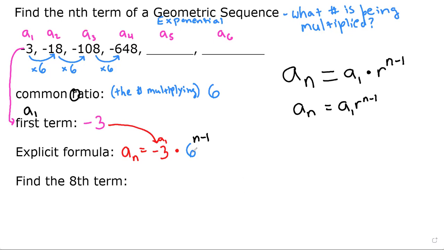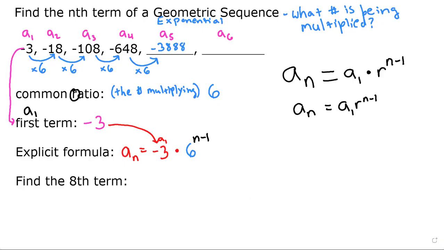So we could use the formula, or we know that we could just extend the sequence out. Usually you're going to have a question that's going to ask you to do that. They want you to extend the sequence by multiplying this number by 6. So if we did that, -648 times 6 is -3888.